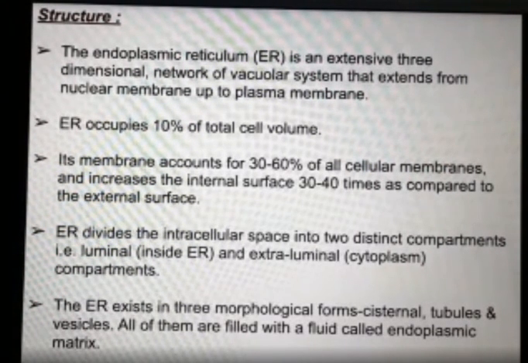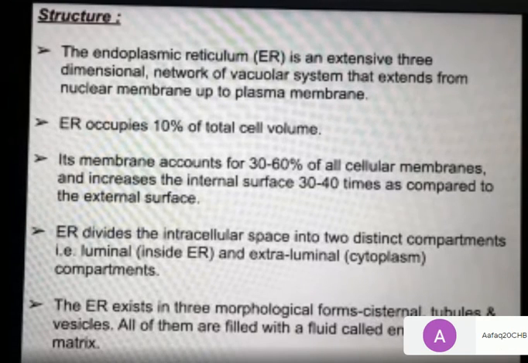And why is it the endoplasmic reticulum? Because most of the enzymes or proteins are going to be made with the help of the ribosomes, and the ribosomes are present on the endoplasmic reticulum.